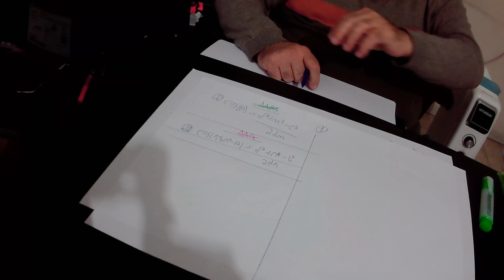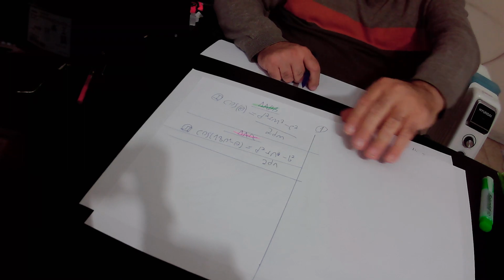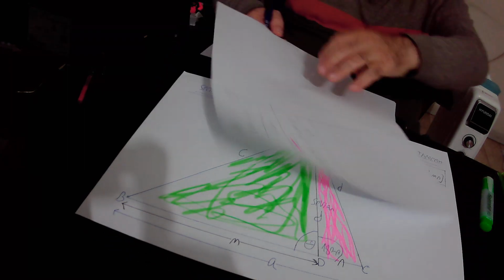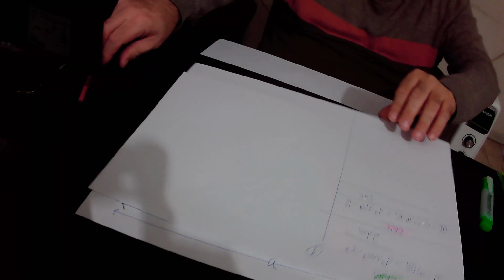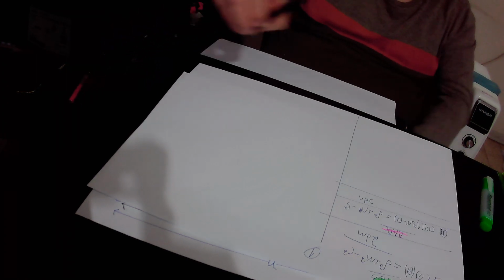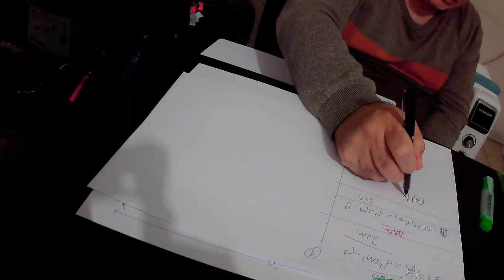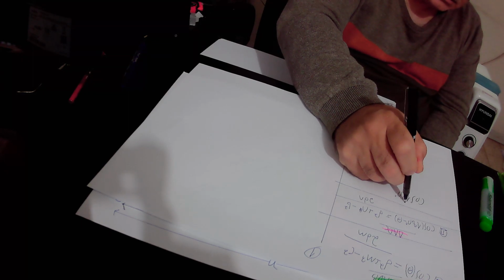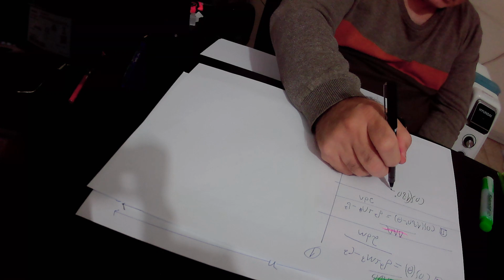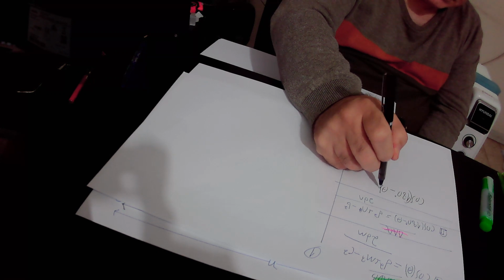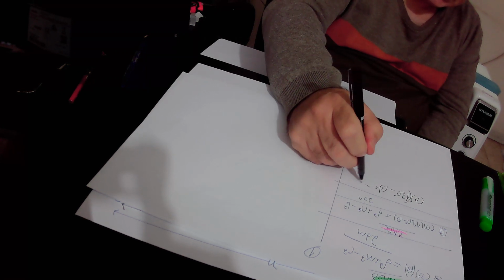We have the algebraic identity that states that cosine 180 degrees minus theta equals minus cosine theta.